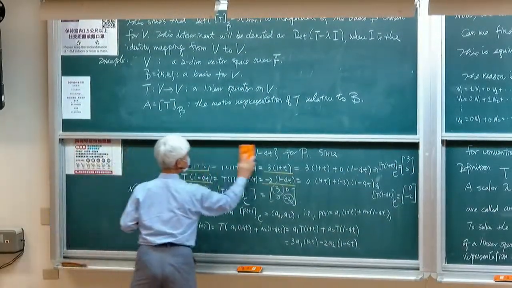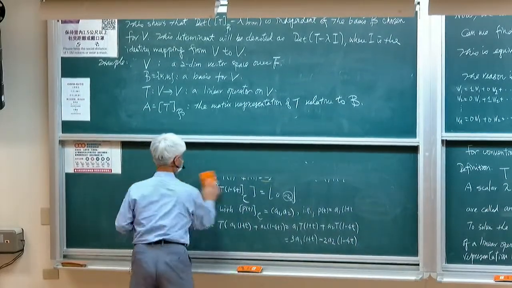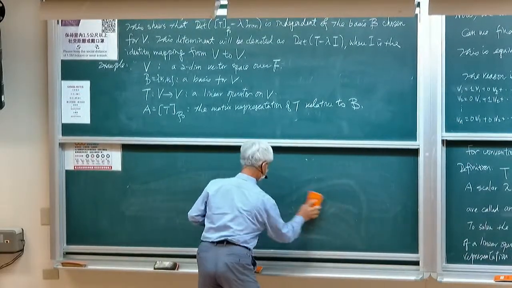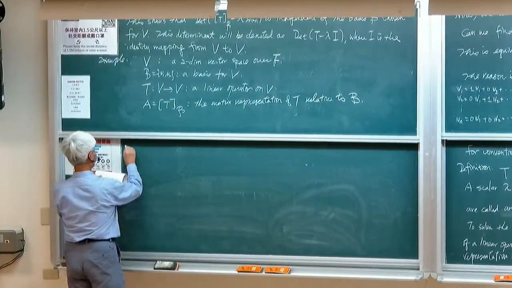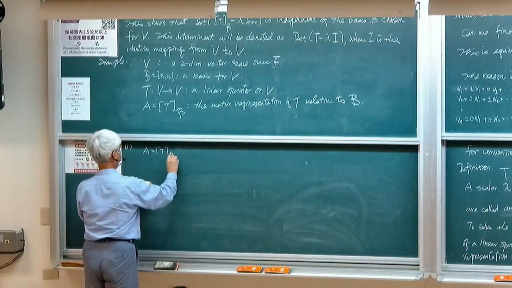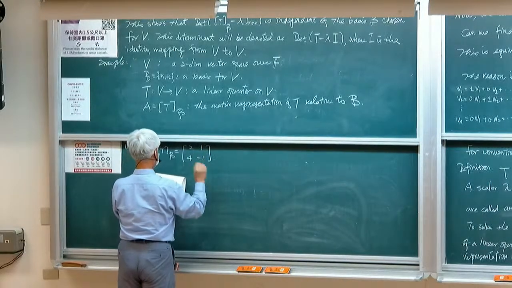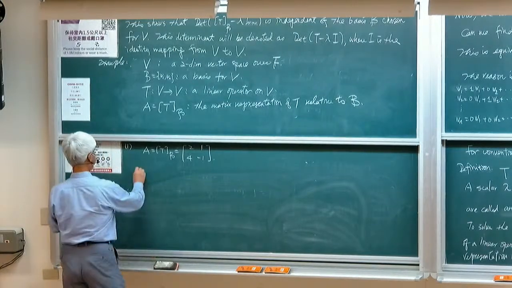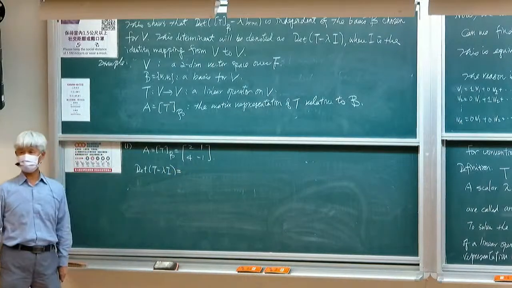So now first, suppose the matrix representation is this matrix, okay, and so determinant of T minus lambda I, so we compute the determinant.